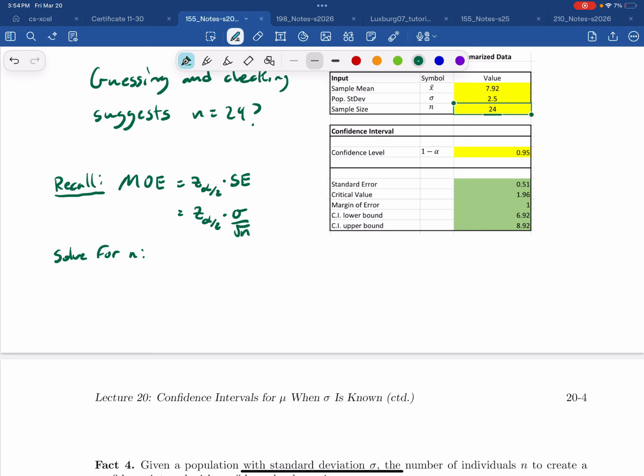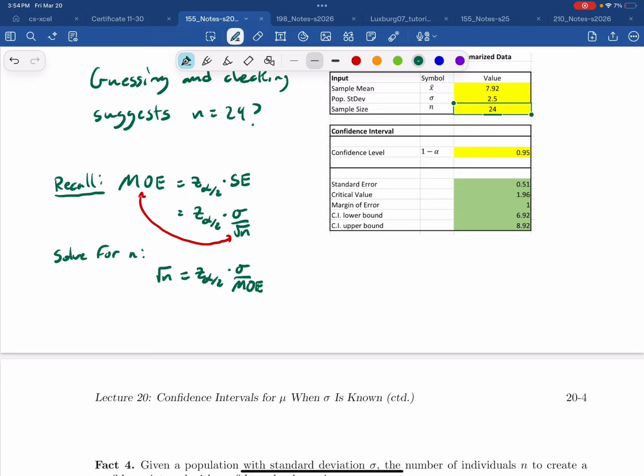Right? So if we solve for n, I'm going to multiply both sides by the square root of n and divide by the margin of error. So basically, I'm just going to swap the margin of error and root n. And we get root n equals our critical value times sigma over the margin of error.